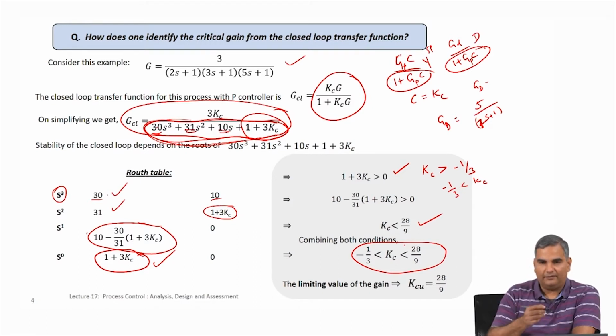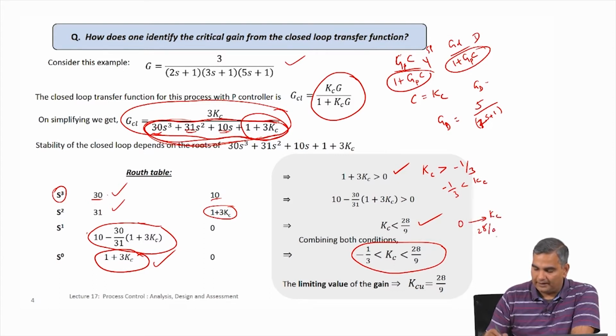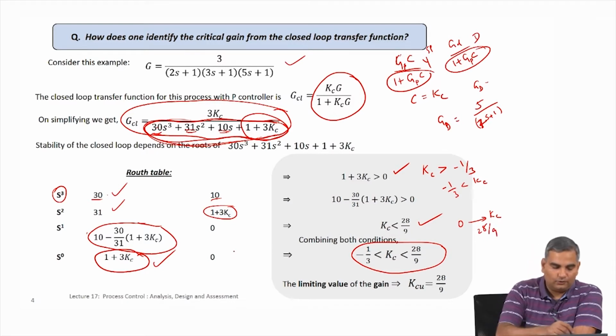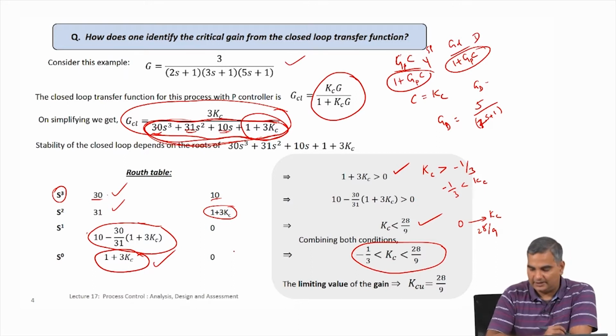Typically we talk about positive Kc values, so we will keep it like that. If you start from 0 and increase Kc till you get to 28 by 9, we can guarantee that all the roots will be in the LHP, because the root table says there will be no sign change.